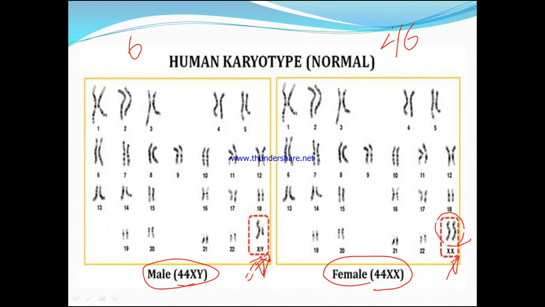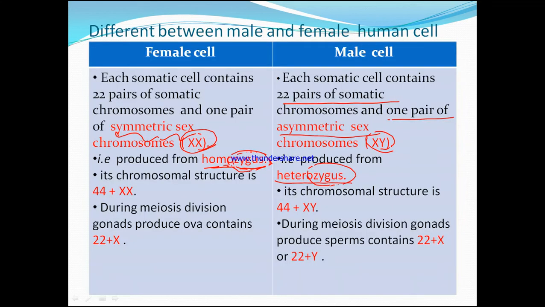Like in the karyotype we have X and Y, which is asymmetric or heterogeneous chromosomes. The chromosomal structure in the female cell is 44 autosomes plus X and X, whereas in the male we have 44 plus X and Y.